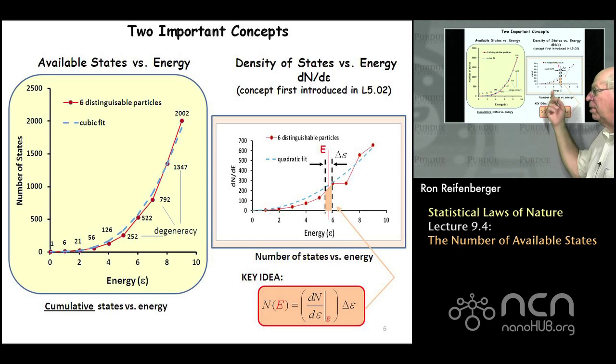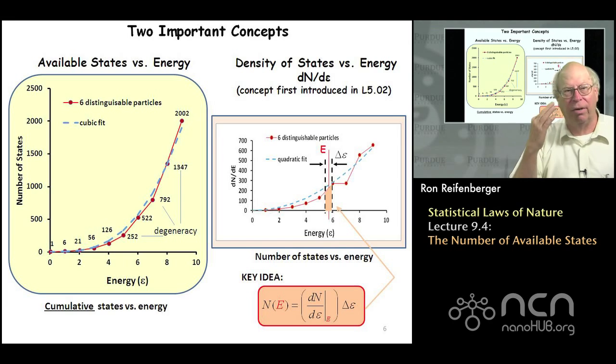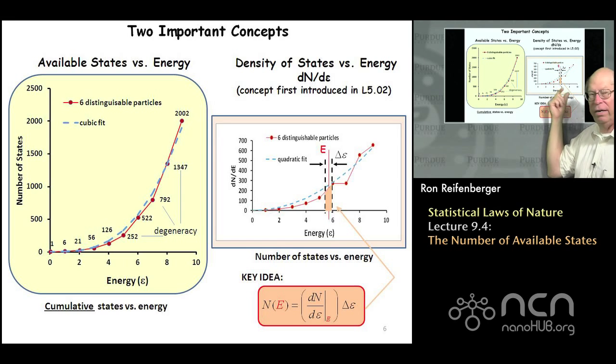And basically what this curve is telling you is that if you specify some energy E, and you specify a range of energies about E, let's call it delta E, then by reading off the density of states, dN/dE, at that particular energy and multiplying by delta E, that tells you how many states are available in the system at that particular energy within this range delta E.